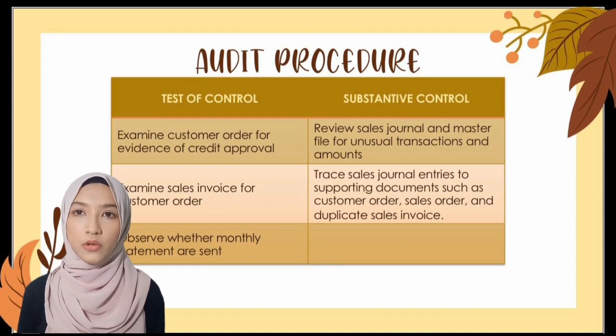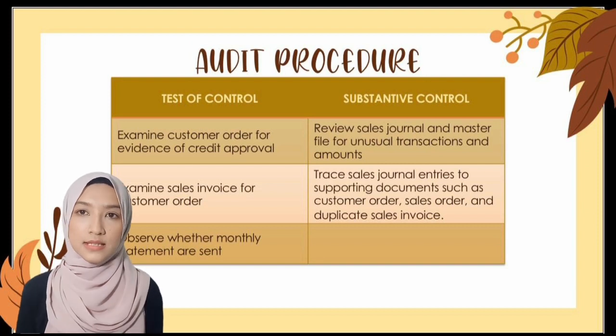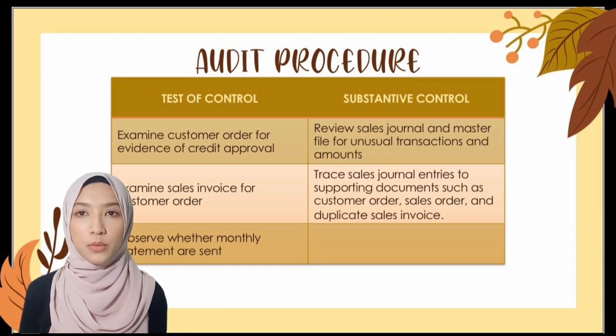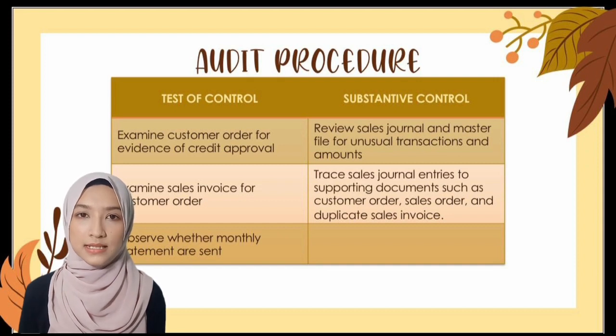In substantive control, the company needs to review sales journal and master file for unusual transaction and amounts. The second one is the company needs to trace sales journal entries for supporting documents such as customer order, sales order, and duplicate sales invoice.